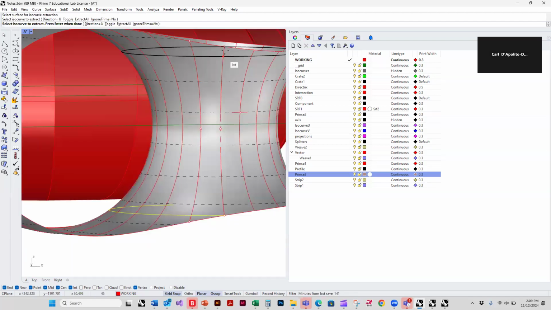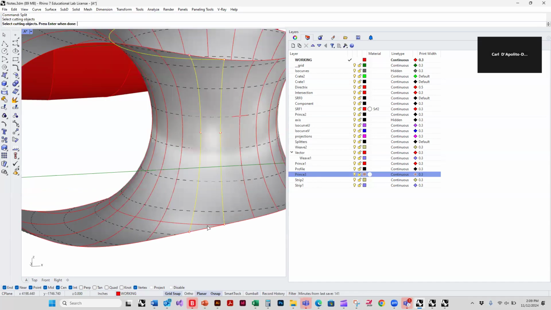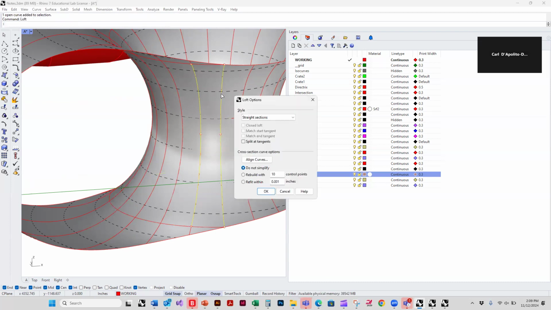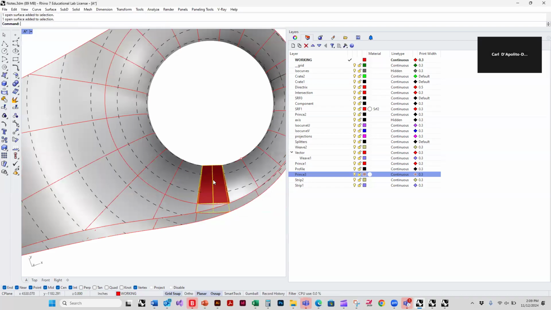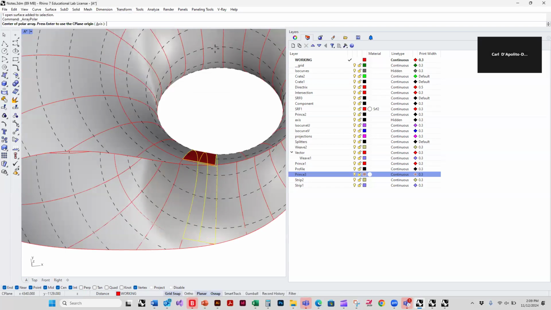You can't loft between two principal curvature lines unless they are trimmed by the other two principal curvature lines. So a loft from there to there will not be developable. It will be if it is split by those like that. So I can loft there, and I can get a surface, and then I think I can probably just array this surface all the way around.